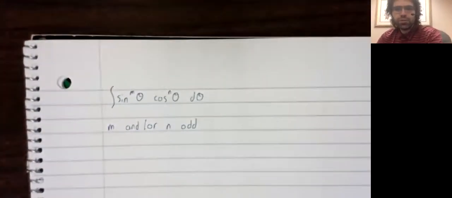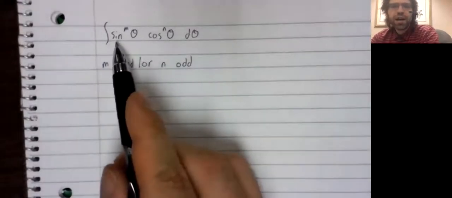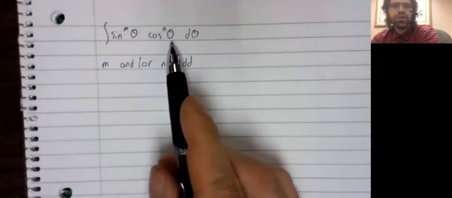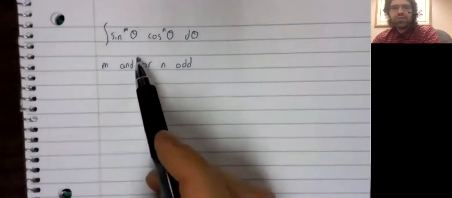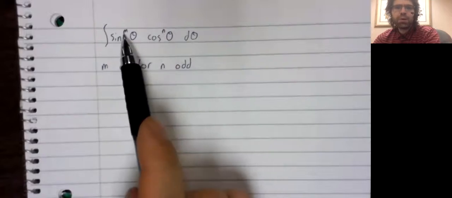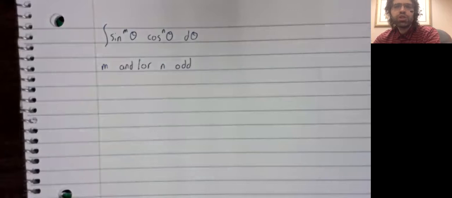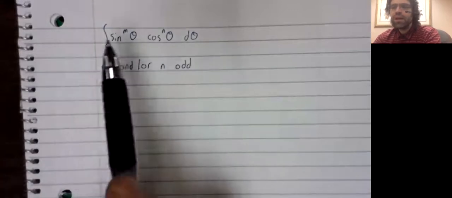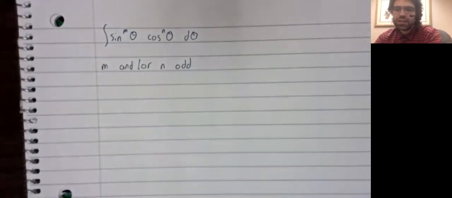And the type of problem I'm referring to is when we are integrating powers of the sine times powers of the cosine. And the cases I'm referring to are as follows. If at least one of these numbers is odd, then this integral is much easier to compute than if m and n are both even.